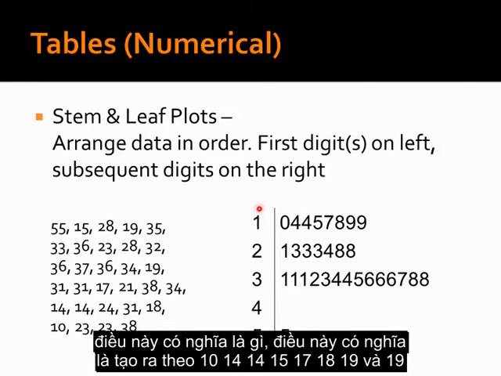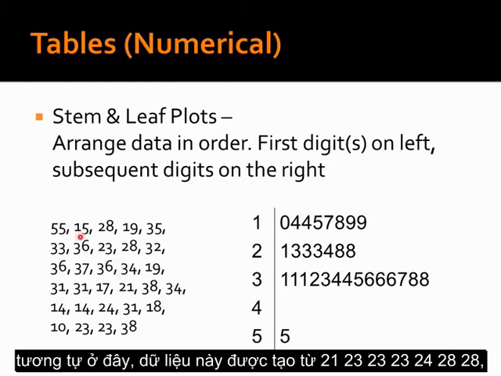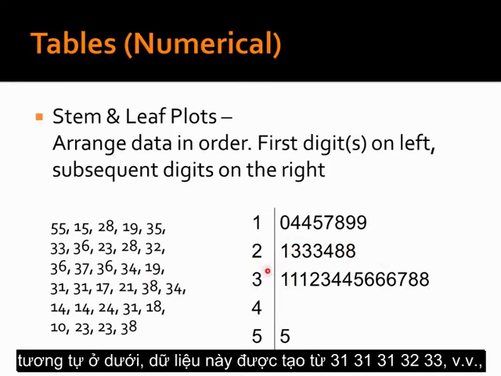For example, what this thing here means is that this is actually made out of 10, 14, 14, 15, 17, 18, 19, and 19, which are some of the raw data inside here. Similar here, this is made out of 21, 23, 23, 23, 24, 28, 28. This is made out of 31, 31, 31, 32, 33, and so on and so forth.